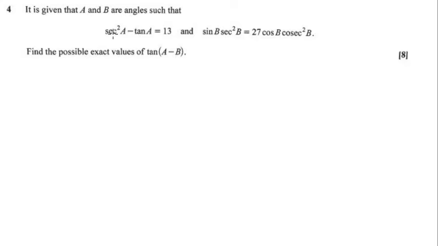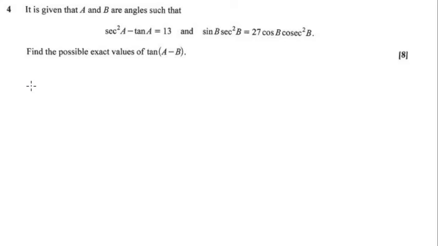So we've got that sec squared a minus tan a equals 13. And we can relate sec squared to tan squared using one of our special formulae. It's the one that comes from sine squared theta plus cos squared theta equals 1.